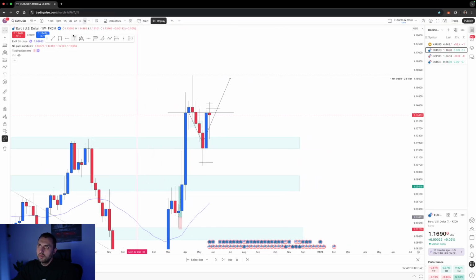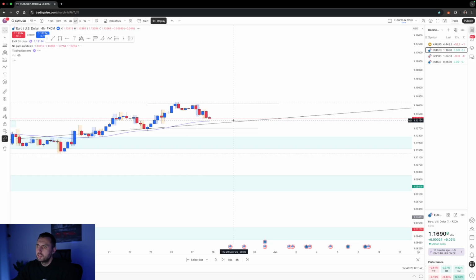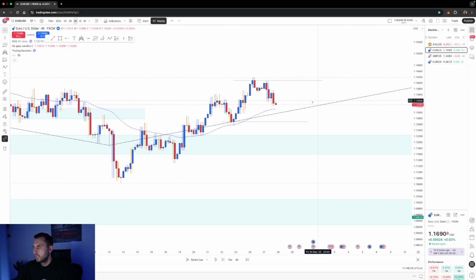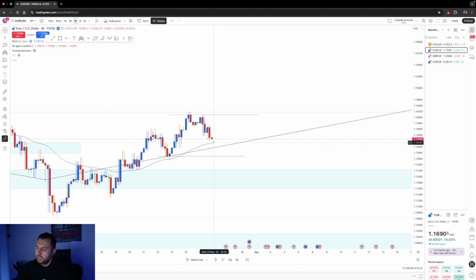Right now, what I would wait for is a bullish engulfing candle, but it depends on the hour. This is the Asia session. This is the London session.